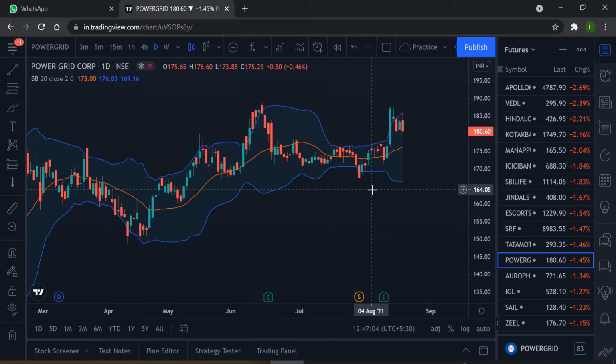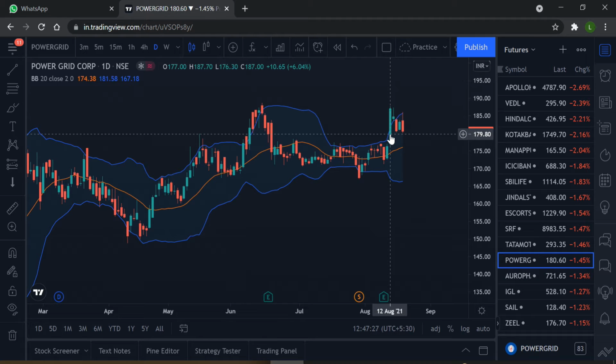If you observe here, like I said in the previous video, whenever the upper Bollinger Band and lower Bollinger Band come together and then start moving away, with the candlesticks breaking either side of the Bollinger Bands, on that side the momentum starts.